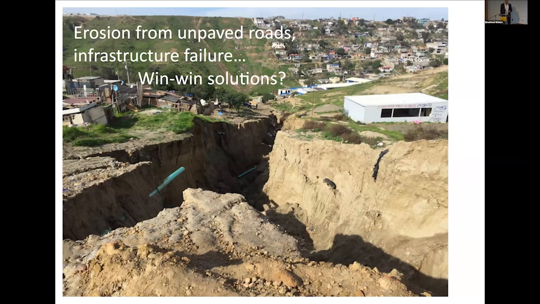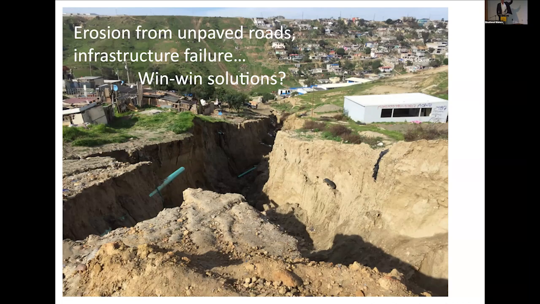Here's another example. This is a picture taken by Napoleon of a neighborhood where there is an unpaved road. The erosion undercut the water supply pipes, and the water distribution system collapsed and generated a gully that's 5-7 meters deep. So this is a connection. I want to make connections here between erosion and water supply.